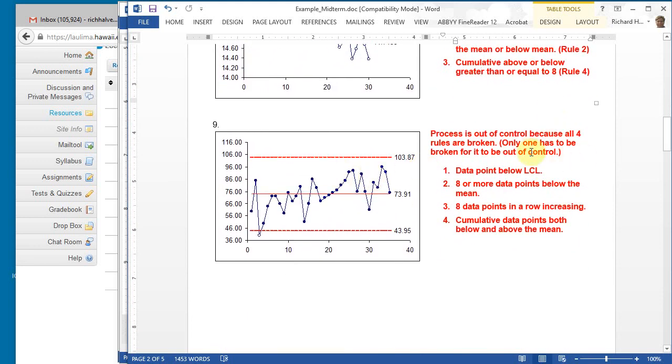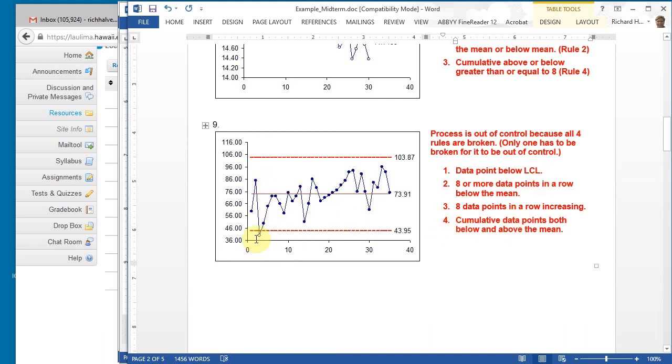Okay, let's look at this one. This process actually breaks all 4 rules, as we'll see. First of all, we see there's a data point below the lower control limit. That breaks rule number 1. We have 8 or more data points in a row below the mean.